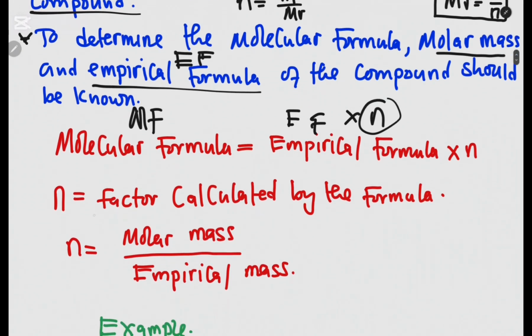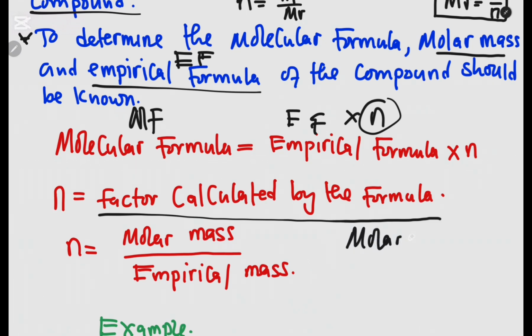In this case, n is the factor calculated by the formula. You find n by dividing the molar mass that you are given by the empirical formula mass. Which means the molar mass that you're given, then you have to find the molecular mass of the empirical formula that you found. Then when you divide, you find your n.